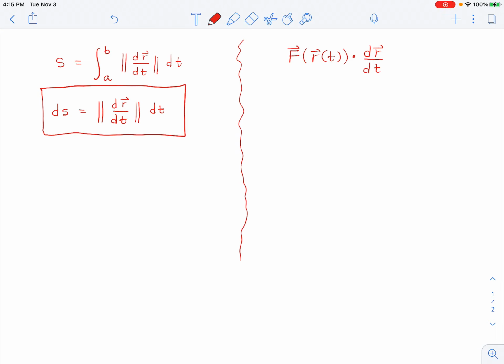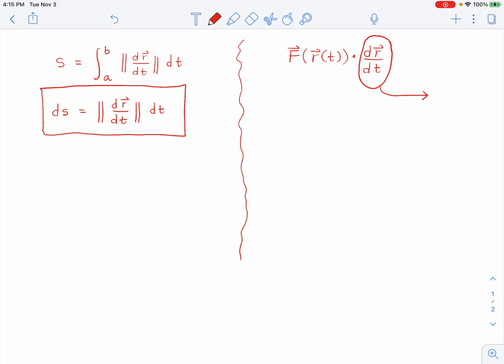Now, to help you see a little better what this dot product is telling us, I am going to rewrite this velocity vector slightly differently.